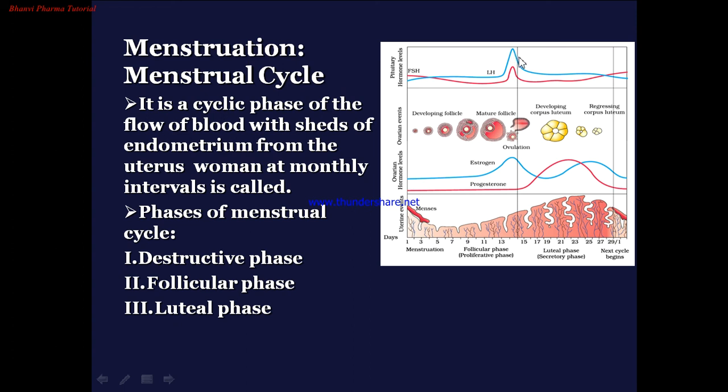After the 14th day, around the 17th to 18th day, the follicle stimulating hormone and luteinizing hormone decline, and after 17 to 20 days they go back to normal position. Okay, this is the diagram of the menstrual cycle. This is a very important chart, day 1 to day 29.